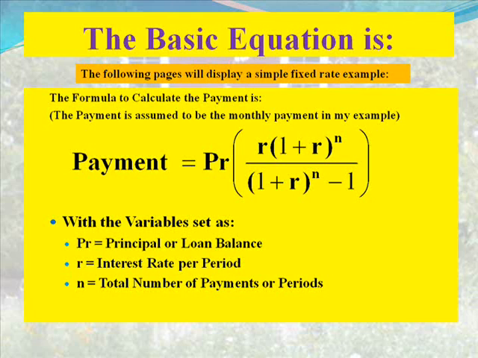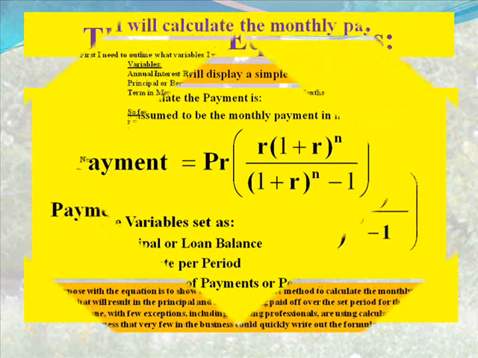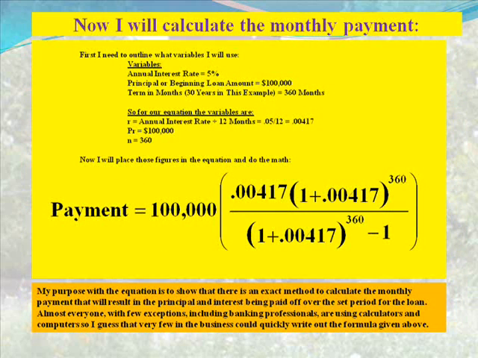What I mainly want to show here is that with the variables set as principal or loan balance, interest rate per period, and total number of payments or periods, you can calculate the monthly payment or periodic payment that will bring down the loan balance as displayed in the previous slide that showed how you bring the loan balance to zero over the life of the loan.